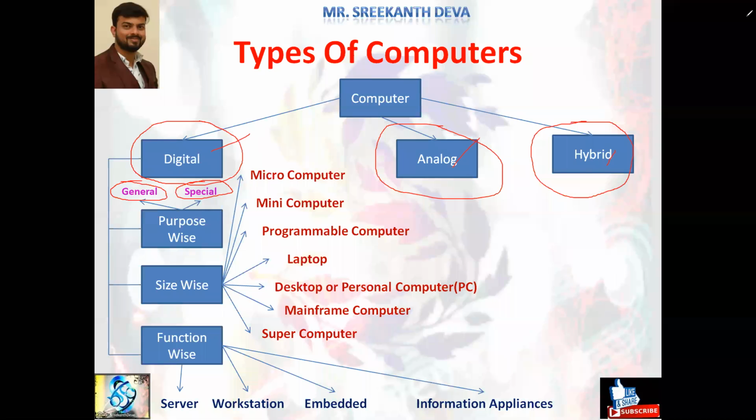Coming to size wise, different types of computers are available in the real world, like microcomputer, mini computer, programmable computer, laptop, desktop or personal computers, mainframe computer, and supercomputers.